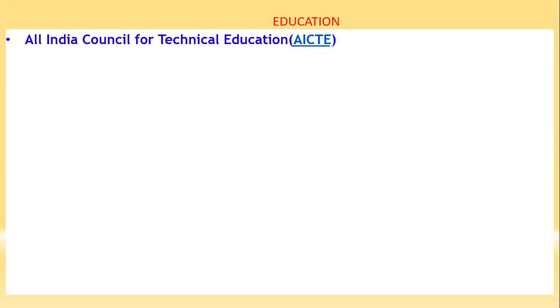So, for all technical education, for polytechnics, engineering colleges, for all technical education institutes, we have AICTE, All India Council for Technical Education, which frames the rules and regulations and sees to it that all the colleges or institutions which are under AICTE abide by the rules and regulations defined by AICTE.